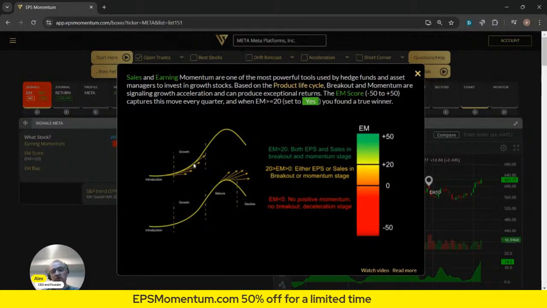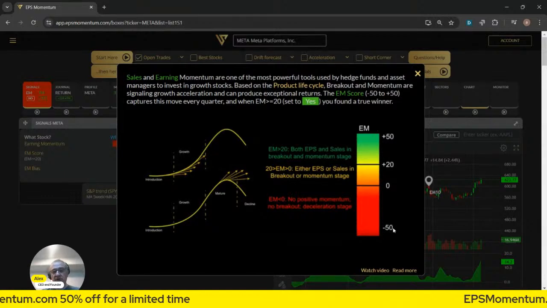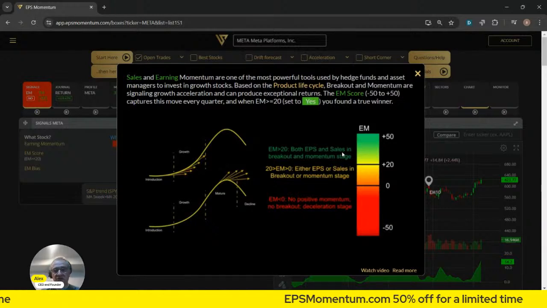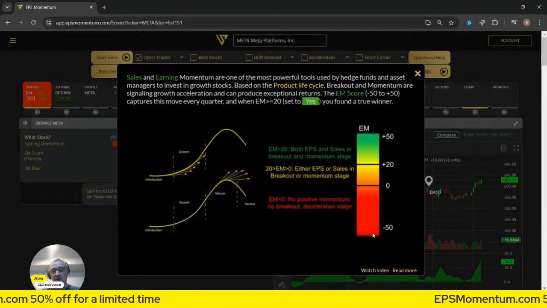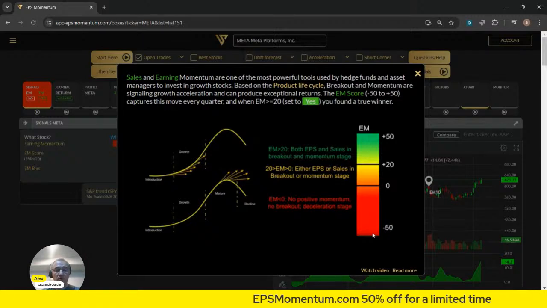So in order to do so, we scored all stocks from plus 50 to minus 50 based on both the earnings per share and the sales momentum breakout of each of those stocks.